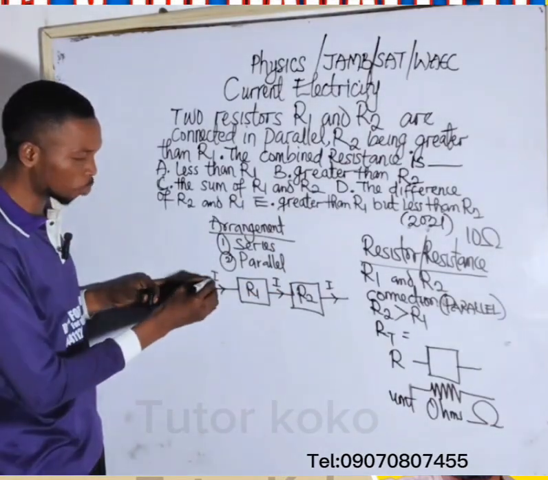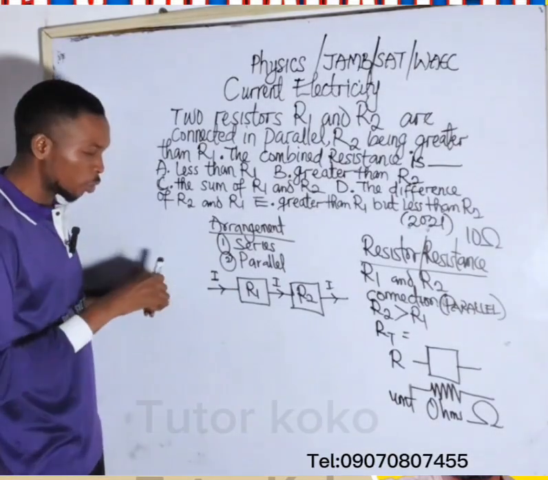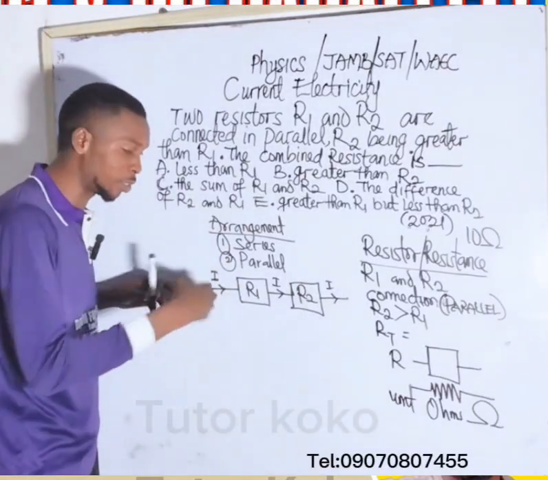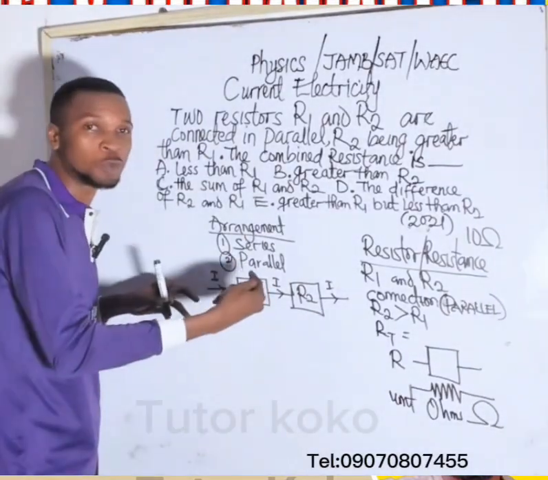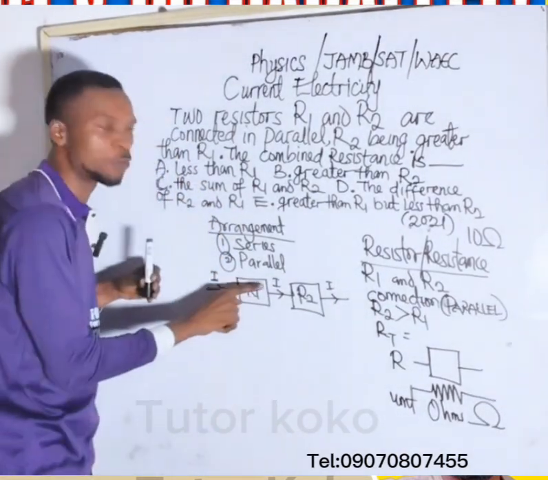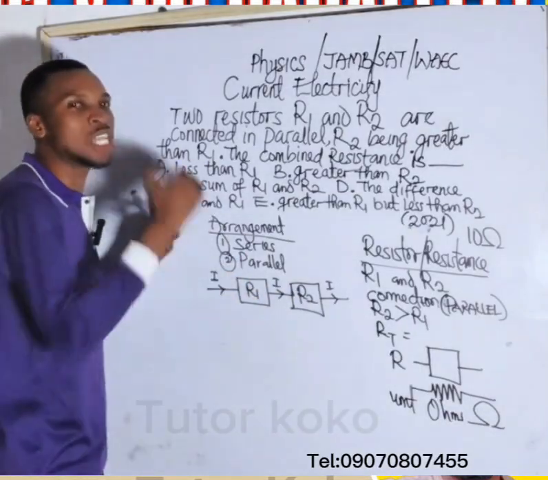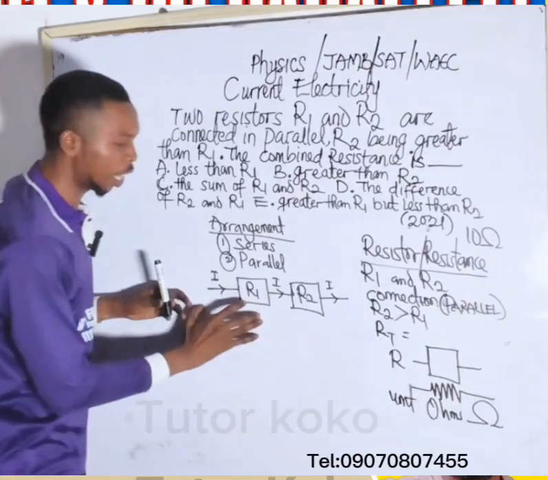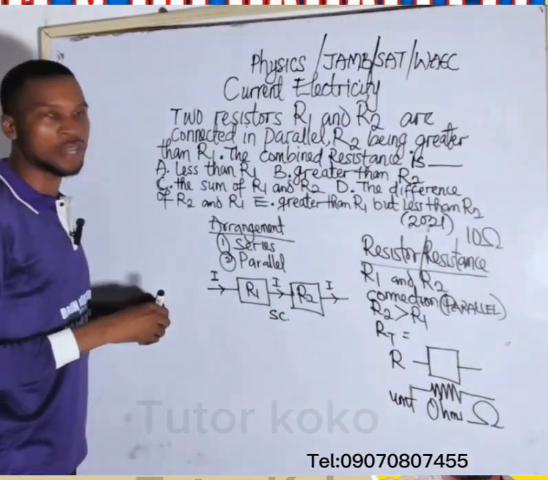This line here represents conductor, that is wire. Current is flowing in the wire because the wire is a conductor of electricity. On getting here, this resistor is an insulator, so it wants to oppose or stop current from flowing through it. However, current will still flow through them, but they try to stop the flow of current. So this arrangement here is called series connection or series arrangement.